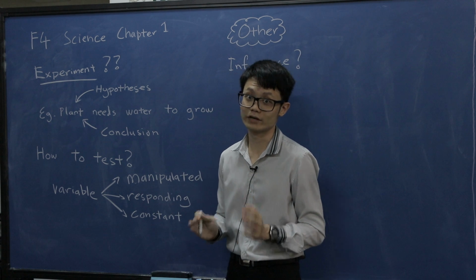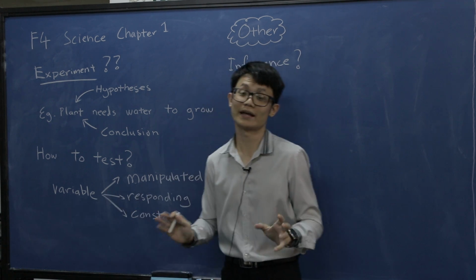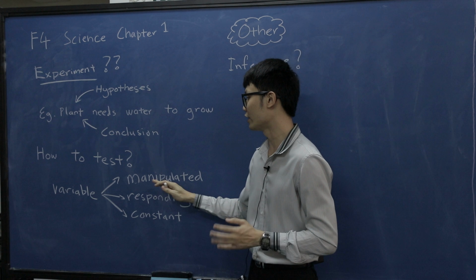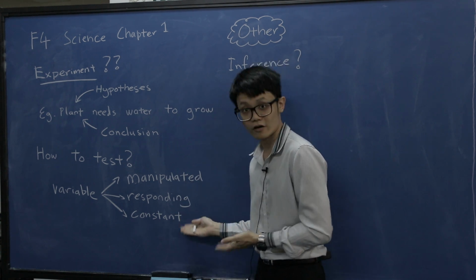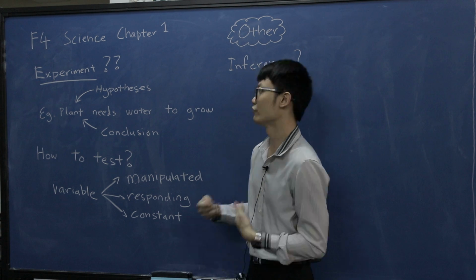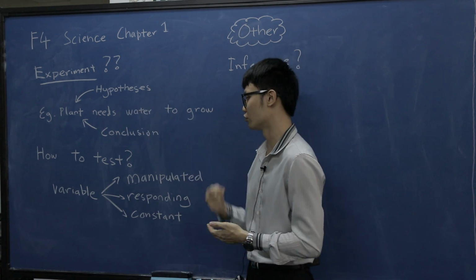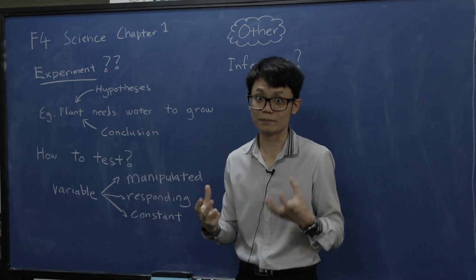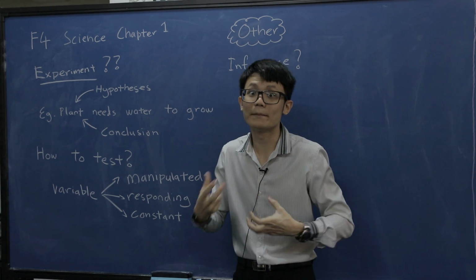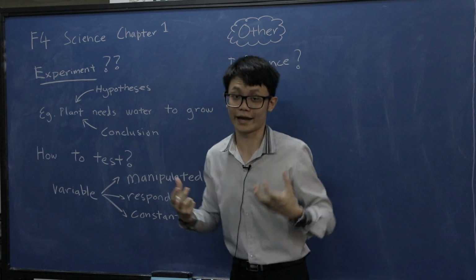First thing we need to know is the variables, which many students tend to confuse. What is the manipulated variable, what is the responding variable, and what is the constant variable. For example, we want to study that plants need water to grow. Manipulated, if you search the word in the dictionary, is something that you can manipulate, something that you can change.